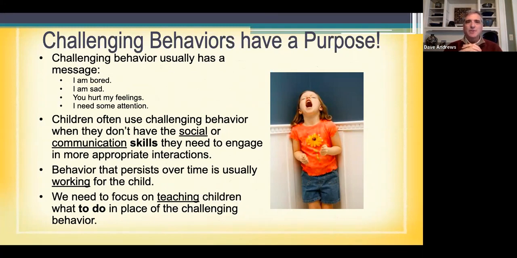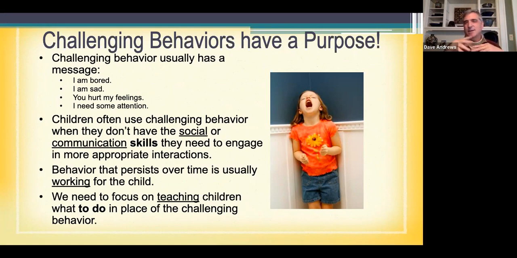So we know that children exhibit these challenging behaviors when they're trying to obtain something or someone, like they're wanting attention from someone, or they're wanting something, or they're trying to avoid something. Maybe they don't like circle time because it's overwhelming, so they start to show triggers, and they're avoiding.